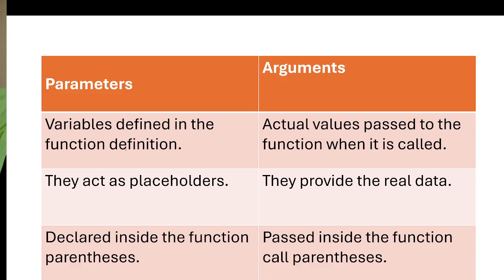Parameters act as placeholders and arguments provide the real data. The parameter is declared inside the function parentheses and the arguments are passed inside the function call parentheses. This is the difference between parameters and arguments.